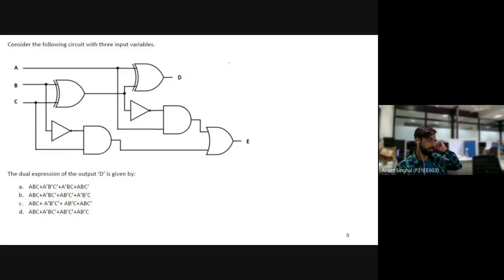Consider the following circuit with three input variables. We need to calculate the expression for the output D. Can you tell the expression from the circuit, what is D? It is a basic combination of XOR gates. Try to solve this question side by side.